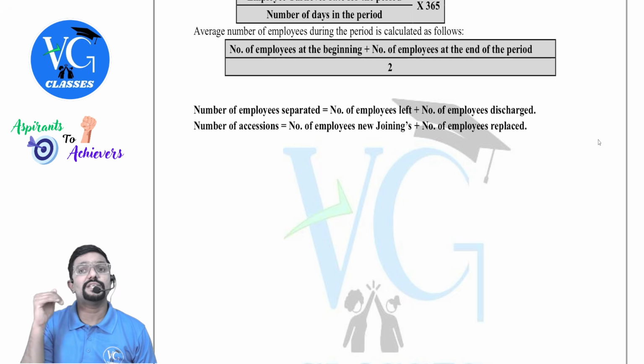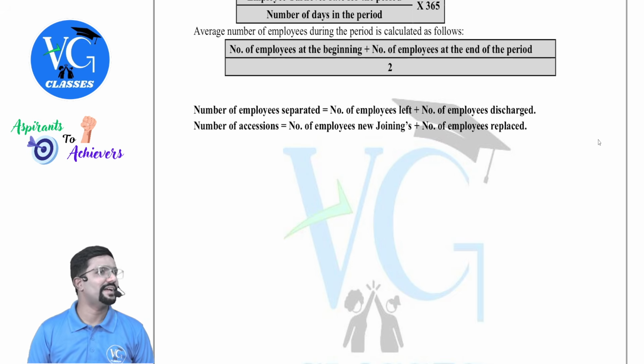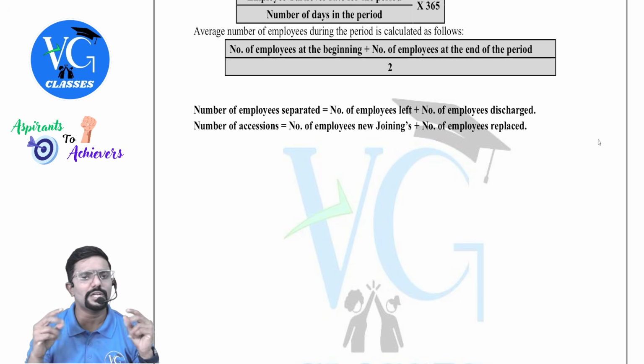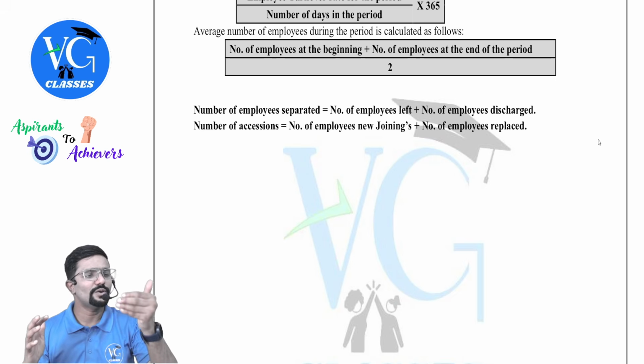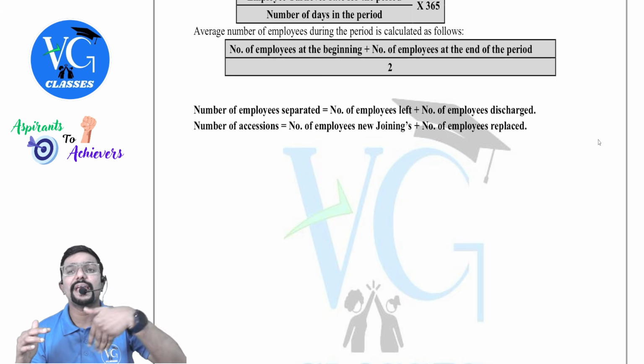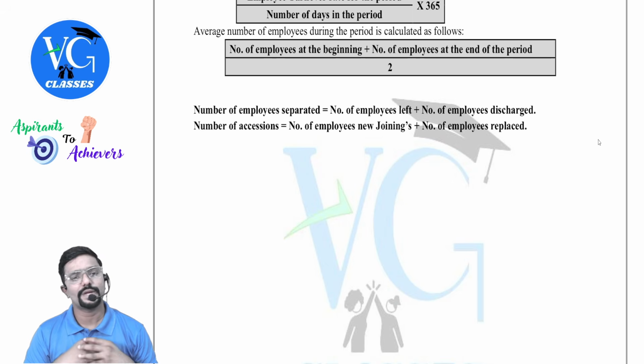Next is number of employees discharged. The company only asked them to leave. Fired. This is normally due to unavoidable reasons. Left plus discharged is the total number of employees who are separated. Simply, totally, how many employees exited the company? Okay, sir.